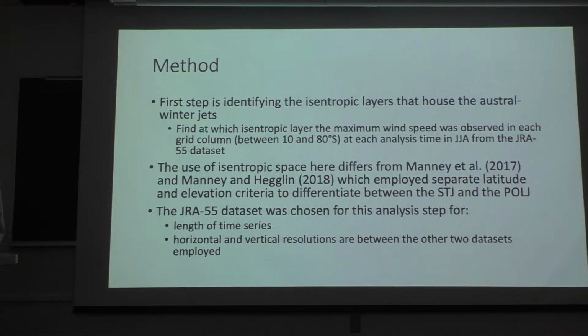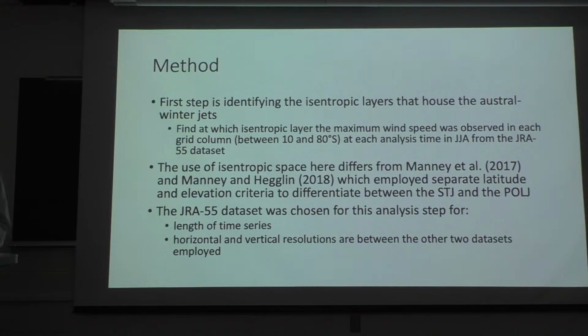So the first step in identifying the isentropic layers that house the austral winter jets is to find at which layer the maximum speed was observed in each grid column and each analysis time in the winter months from the JRA55 data set.